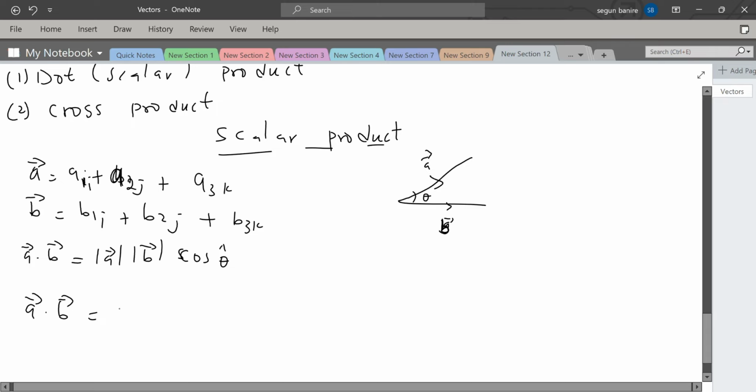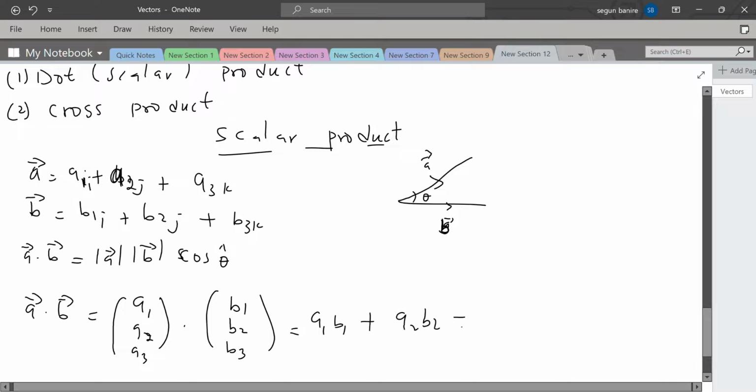This is how dot product works. The A part you can write as A1, A2, A3. For the B part, it is B1, B2, B3. So what you will do is A1 times B1 plus A2 times B2 plus A3 times B3.